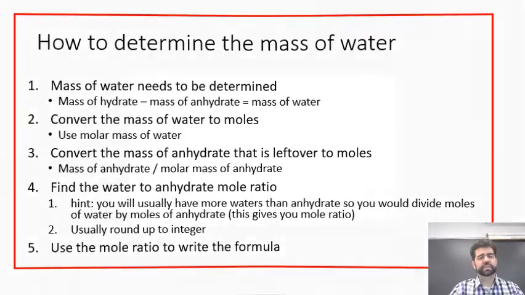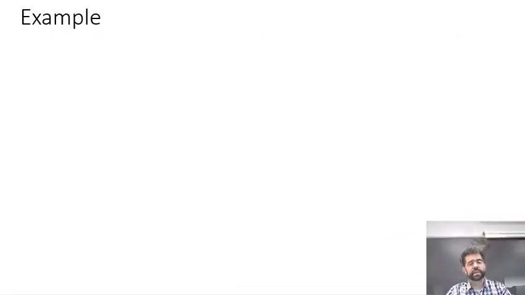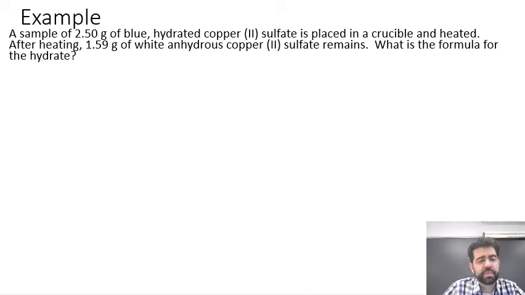Here's the example question. We have a sample of 2.50 grams of blue hydrated copper(II) sulfate. We put it in a crucible and we heat it for a while, and after we heat it, we have 1.59 grams. That's not blue anymore. It's important that we have these descriptors, these colors, blue and white.